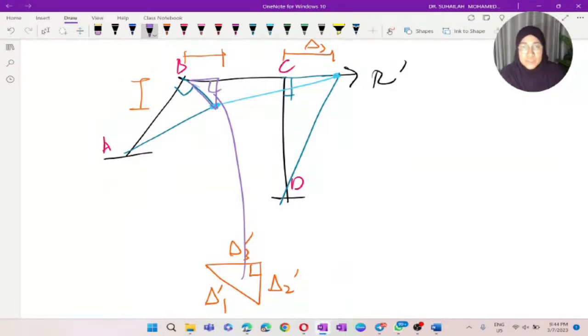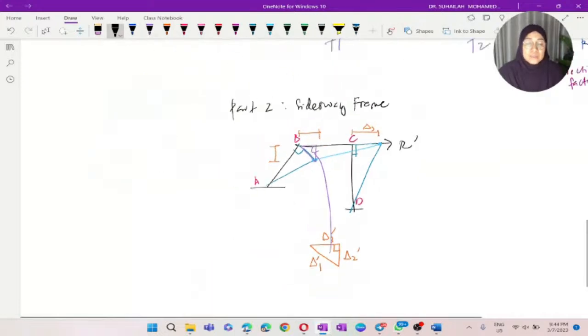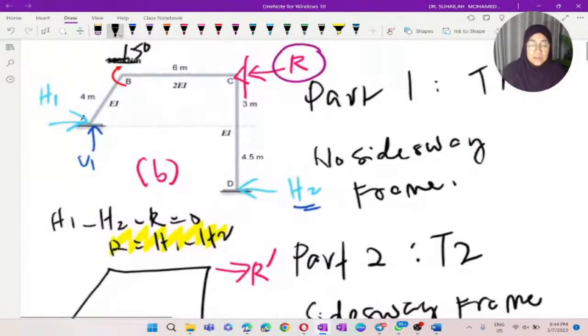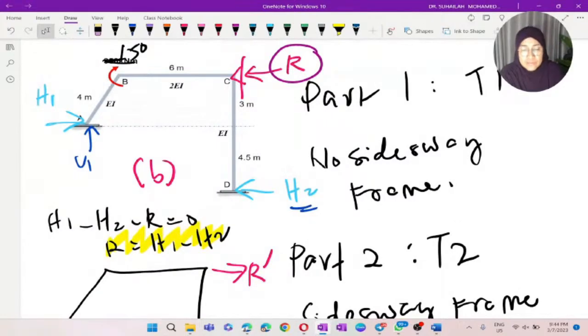So that is the position in the diagram. If the angle is given, fine; if it is not given, we have to find the angle. So we check back, is the angle given? The angle is not given, but we can calculate the angle.